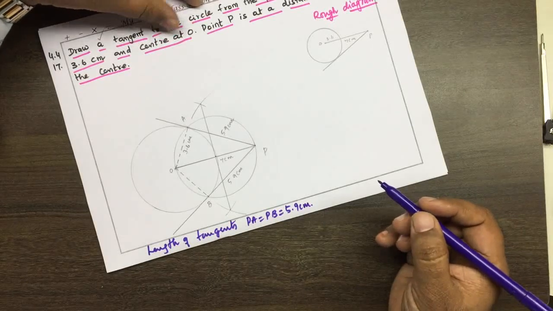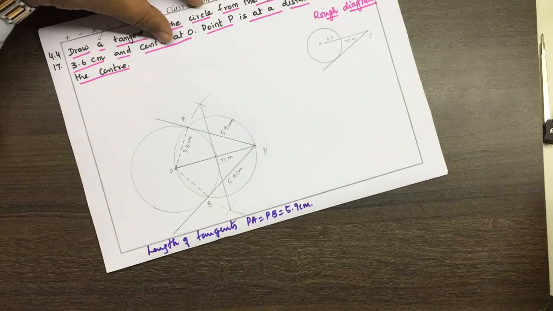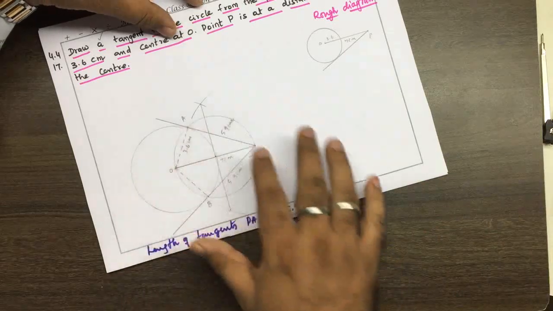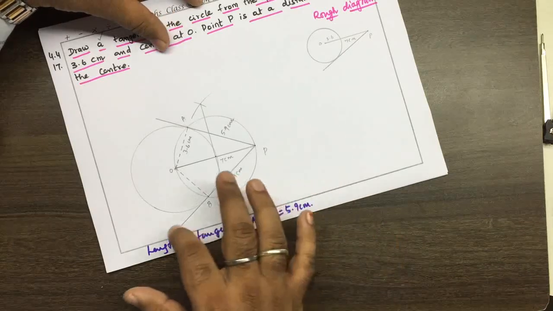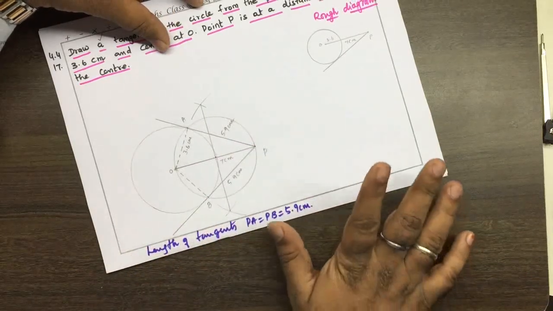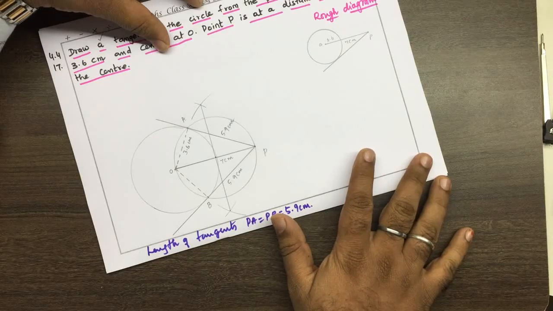We can write the construction steps for this problem, 5 or 6 points we can write. First point, draw the circle of radius 3.6. Mark the point P 7 centimeter away from the center. Draw the perpendicular bisector of OP by taking more than half as the radius. From the points O and P, draw the arcs above and below OP.